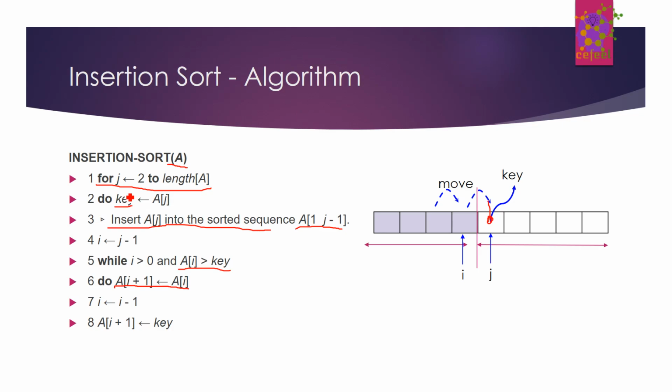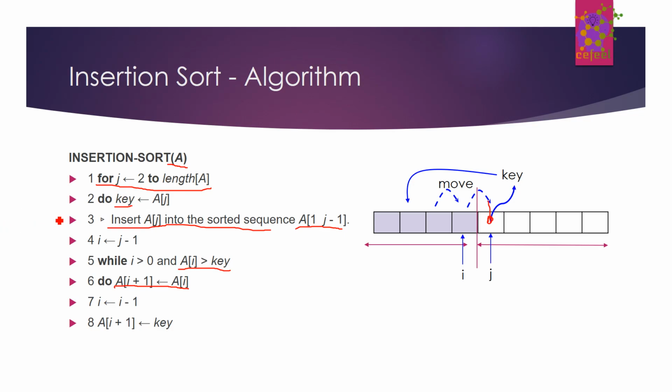Because A[i] is greater than key, the key has to be inserted before A[i], so I move A[i] to A[i+1]. I keep moving items, and finally I make space where the key should be and insert my key into its appropriate position.